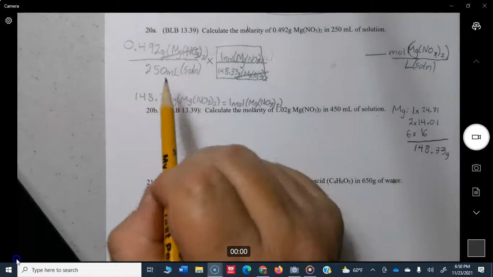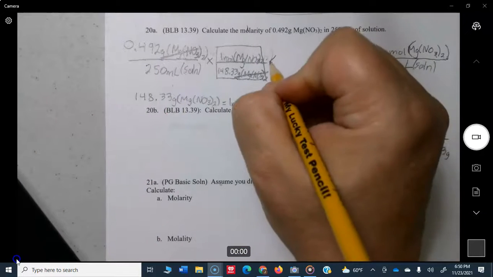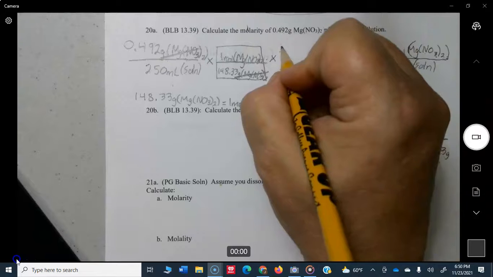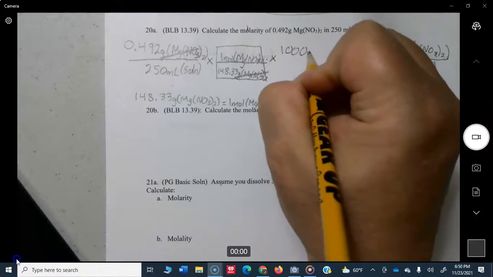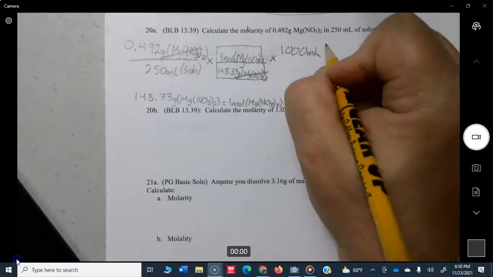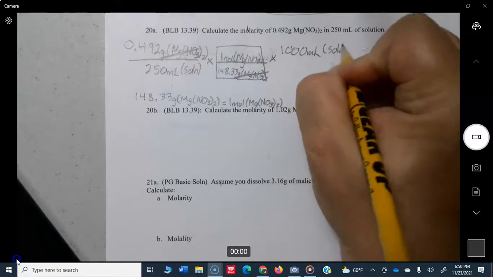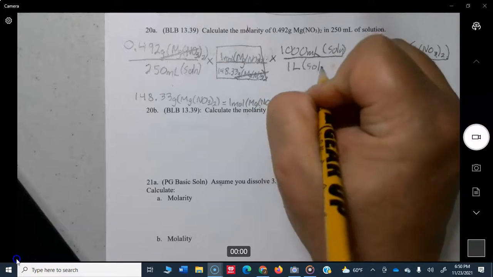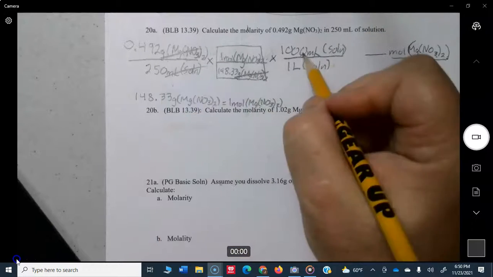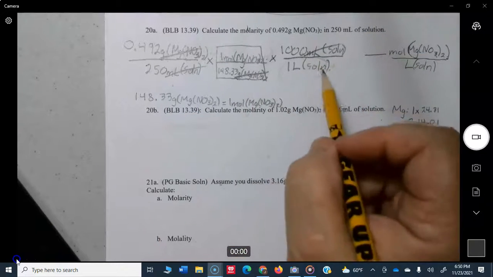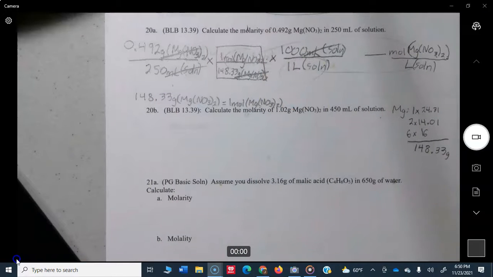Okay, so now we take care of the bottom. It's milliliters to liters. That's pretty standard. And it's of solution. Milliliter solution, so you have liters of solution on the bottom, moles of magnesium nitrate on the top, so everything is set up properly.